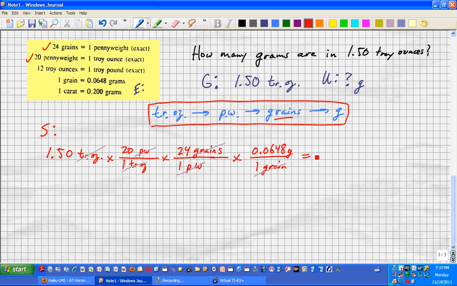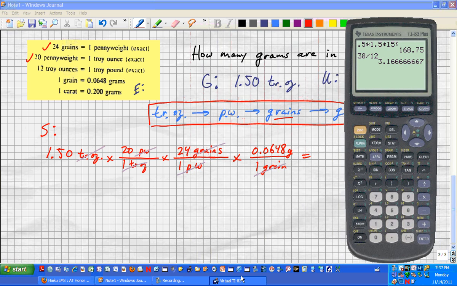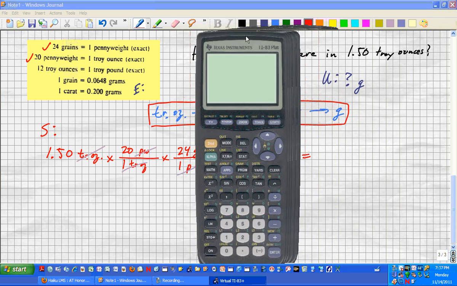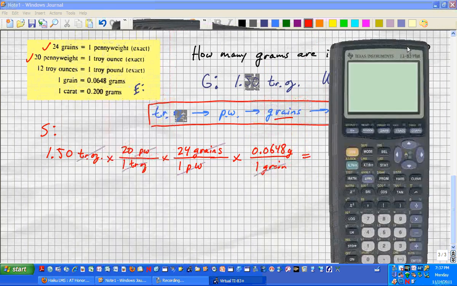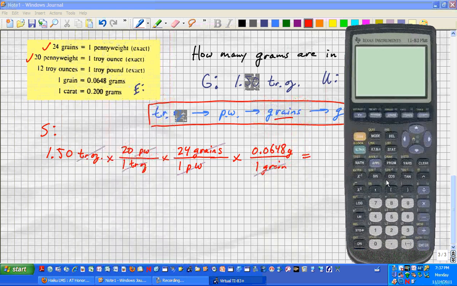So at this point, I can go ahead and grab my calculator and solve. Oh boy, that's going to be in the way. All right, let's go over there. There we go. So I've got 1.5.